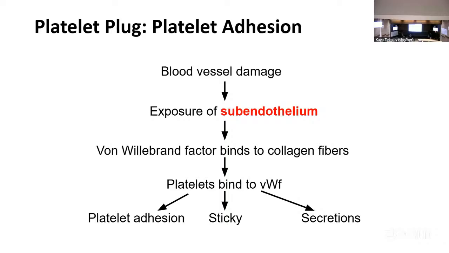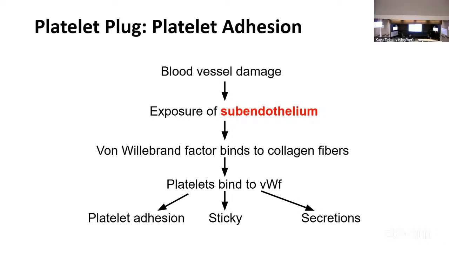We thought about collagen in the context of connective tissue, but we've got collagen in the blood vessel walls as well. So von Willebrand factor, when it comes into contact with those collagen fibers, binds to it. It's not swimming freely through your bloodstream anymore. It's contacting the collagen fiber and sticking to it.